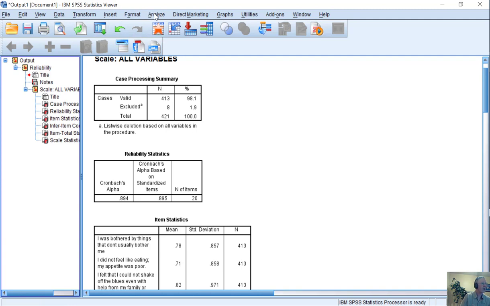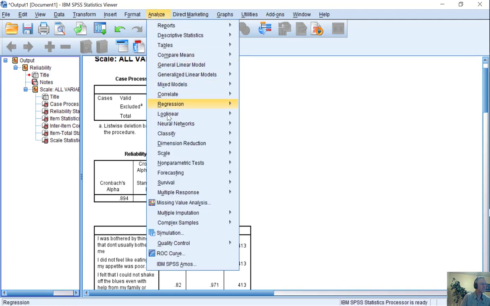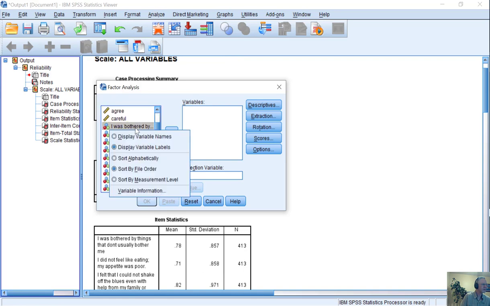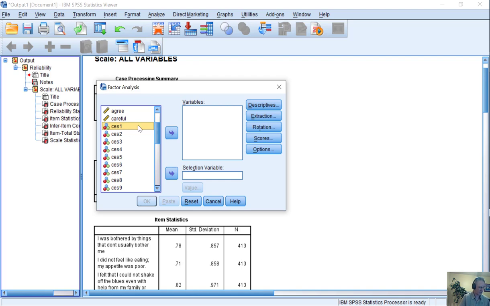I'm going to go to Analyze, then to what's called Dimension Reduction, and then Factor Analysis. I'm going to right click, display my variable names so that I have CESD1 down to CESD20, and plug those in.